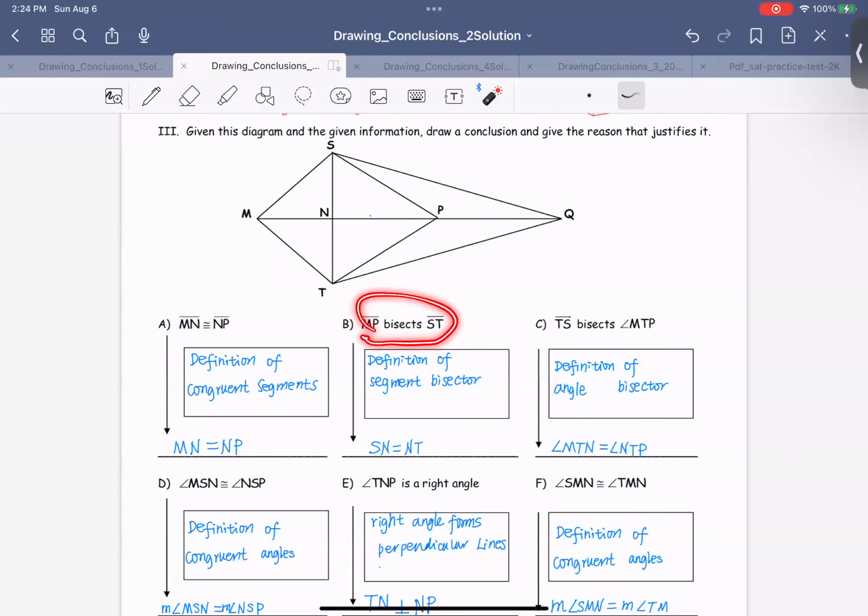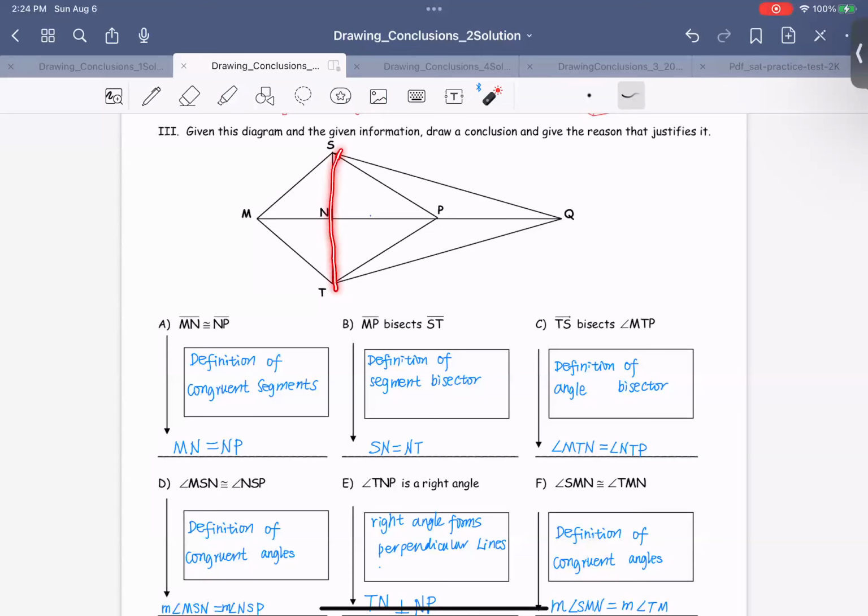Also, if they say, you want to pay attention, MP bisects ST, so that piece equals that piece. But if you say TS bisects MP, you will say that piece equals that piece, okay? But if you say this line bisects this angle, then you will have two angles congruent as the conclusion.